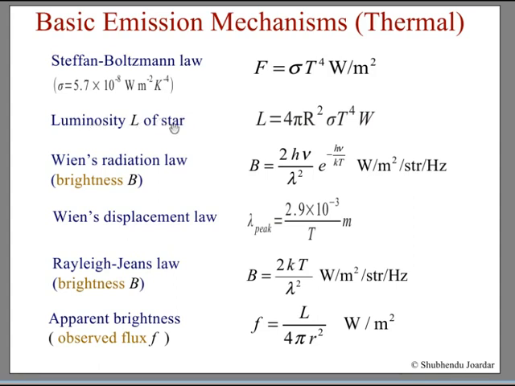Then again comes the luminosity of a star. It depends on the size of the star. It is just the formula of a circle. Pi r square is the area of a circle, if I remember it correctly. So you can see the luminosity is proportional to the radius square of the object.